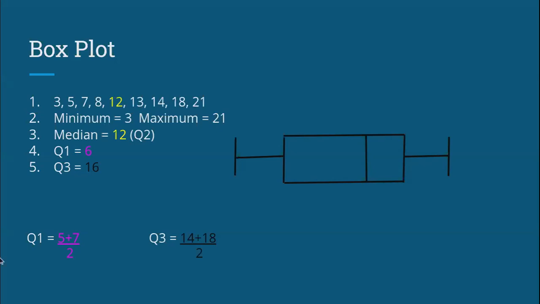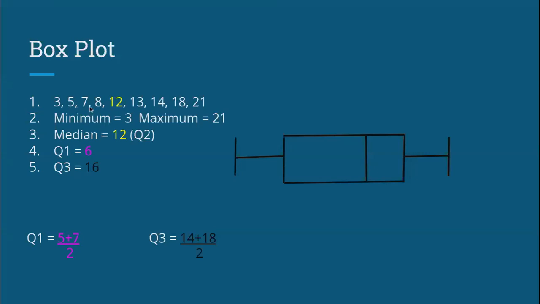So down in this lower left corner, when you have an even number of terms and you want to find the median, you find the middle 2 and you take their average. So for us, 5 and 7 are in the middle.